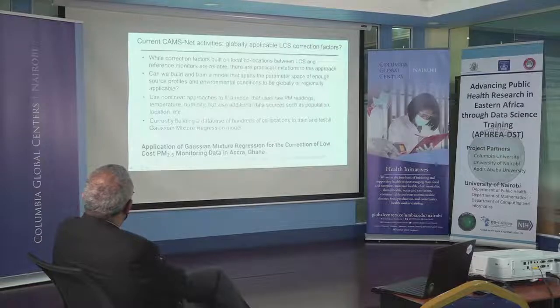You can find more on that in the paper I have at the bottom, the application of Gaussian mixture regression for the correction of low-cost PM2.5 modeling data in the cloud data.